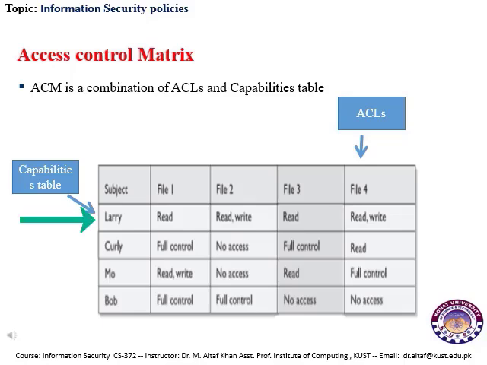For example, Larry is a user of a system, so she is allowed to read only file 1. As far as file 1 is concerned, Larry will just read the file. She is not allowed to do any changes in that file. She is not allowed to add or remove any text from file 1. As far as file 2 is concerned, she is allowed to read and write.